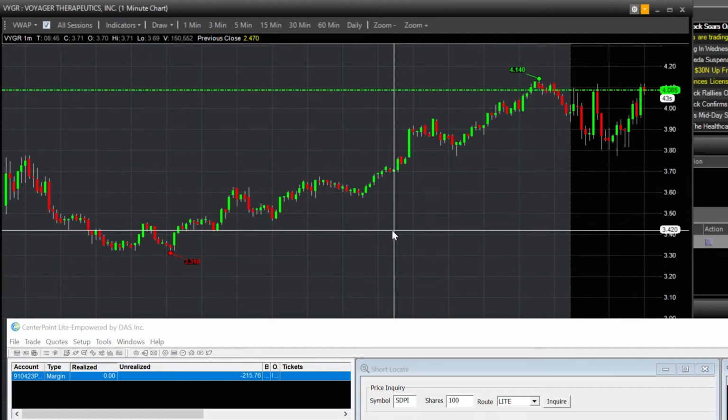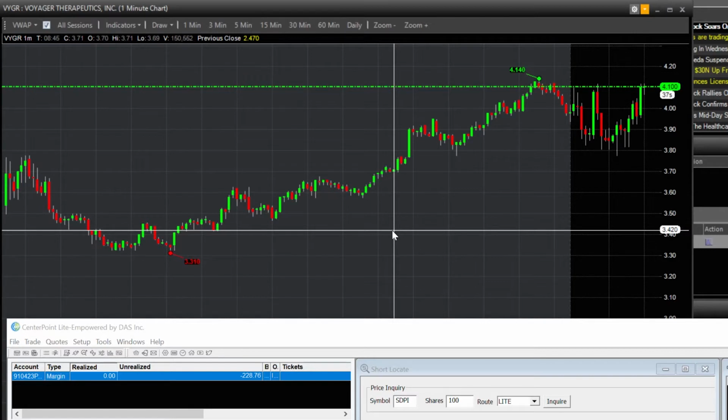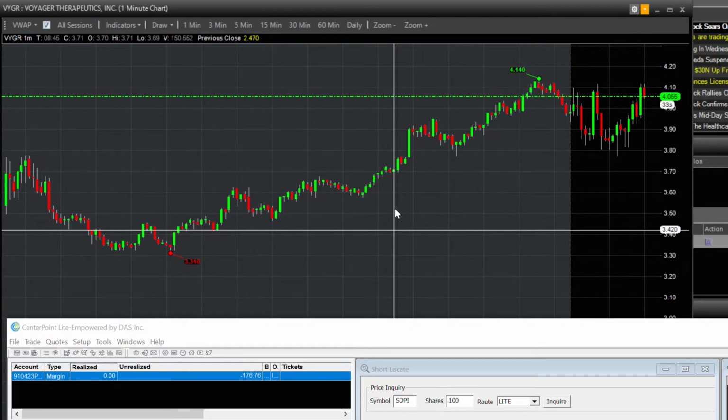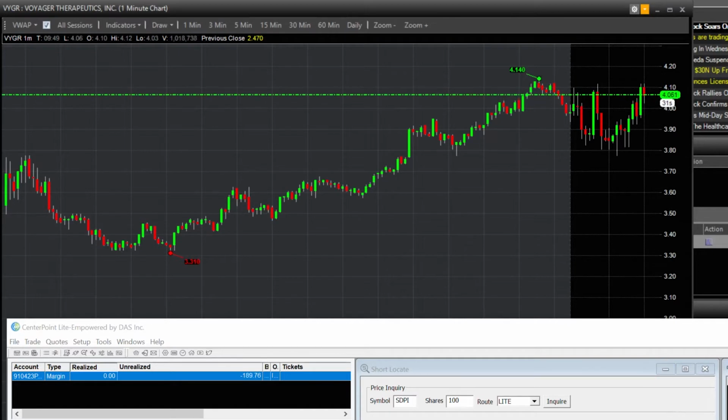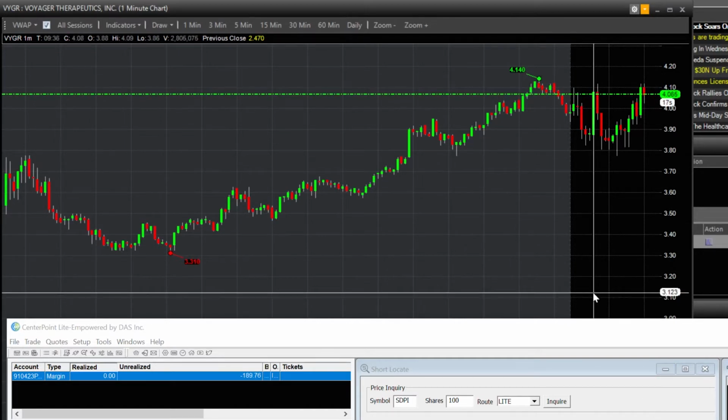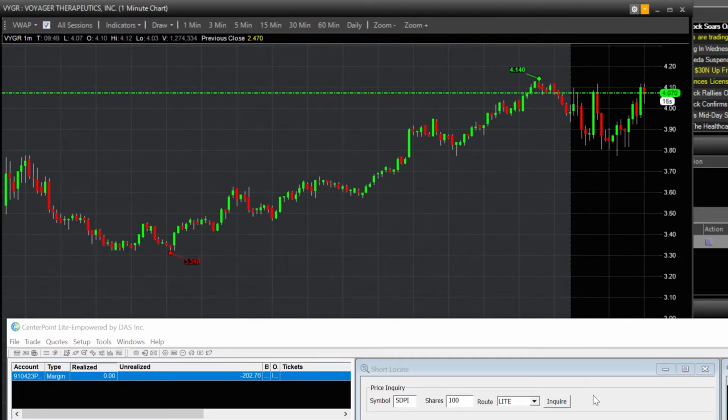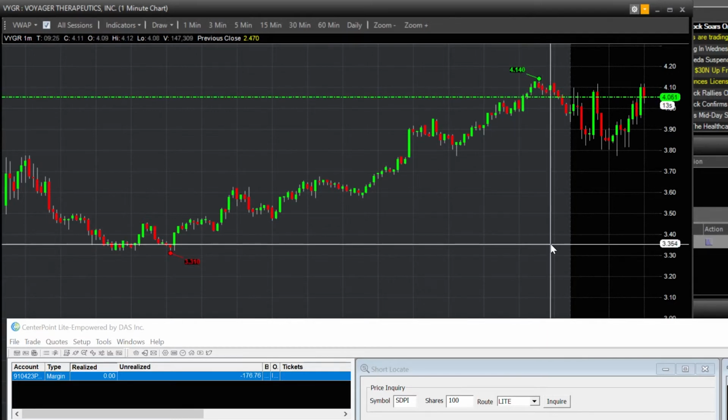I'm just really waiting for this big pullback so I can add some more. But there's no pullback inside, so I'm just waiting.